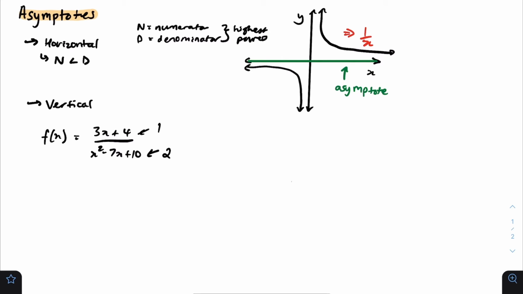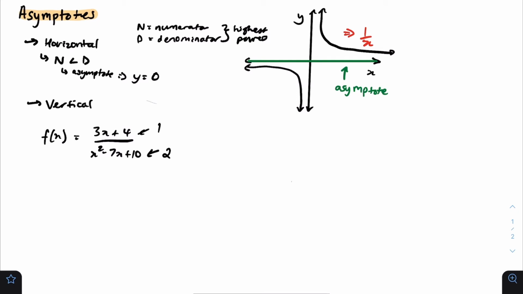If n is less than d, then the asymptote is y equals 0. In this case, with 1 over x, the numerator has a degree of 0 and the denominator has a degree of 1. Since it's larger in the denominator, the asymptote is y equals 0.